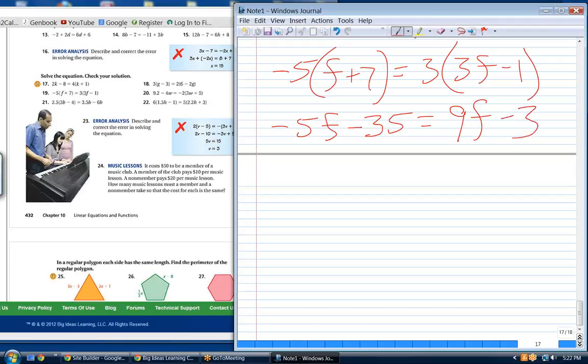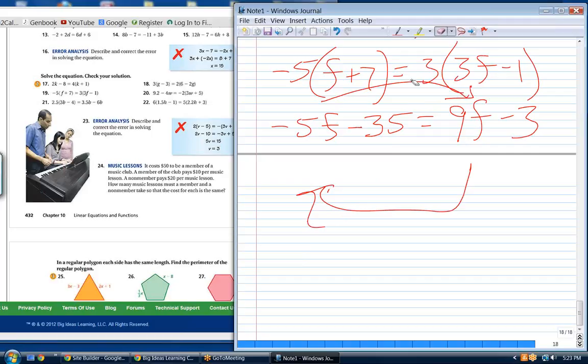Okay. Next line. And then you distribute. Okay. Well, not distribute. You combine like terms. Well, yeah. Okay. And you get 4f. Wait, is that right? Well, depends on which way you move it. Don't know which way you're going to move it to. I don't know if you're moving this over to here or if you're moving this over to here.